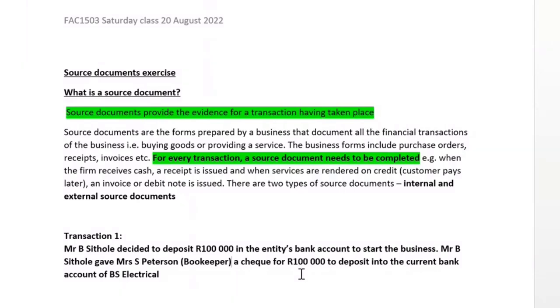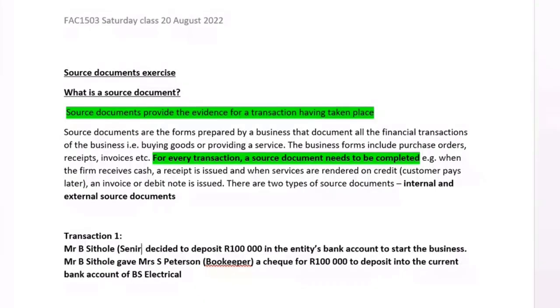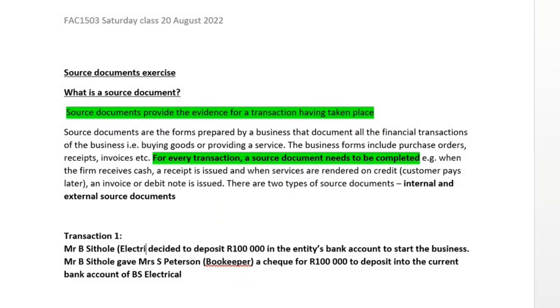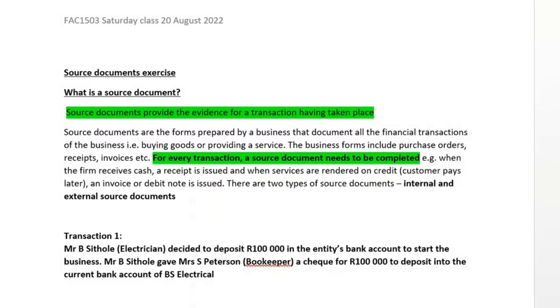And Mr. B. Sithole, a senior electrician, is the owner of this business. He took a check from his personal account, so this 100,000 does not come from the business.